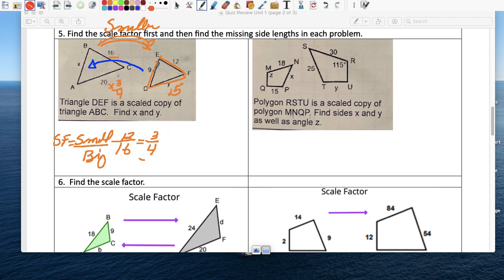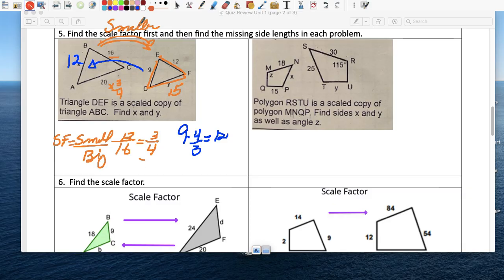So going from 9 this way, we're going to multiply 9 times, not 3/4, 4/3. I forgot that we have to use the reciprocal. Apologies. 9 times 4/3 is the same thing as 12. So going the other way, you find that the length of the missing side is 12.